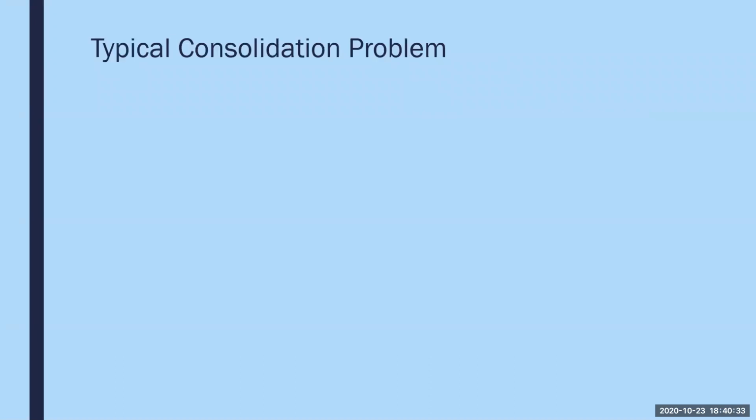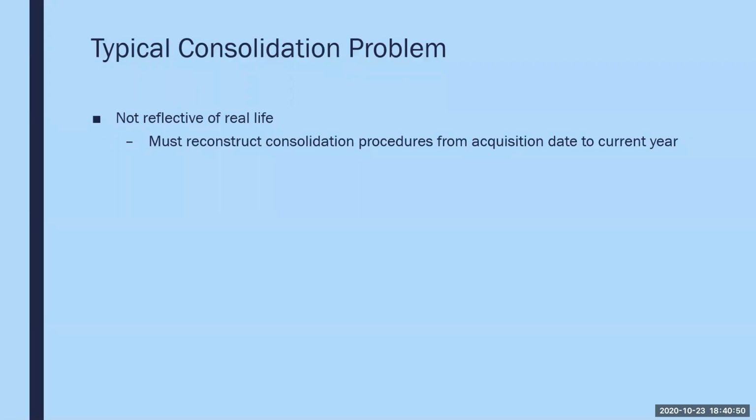For purposes of this course, a typical consolidation problem that you will encounter will not be reflective of real life. What ends up happening in a typical consolidation problem is that you're required to reconstruct the consolidation procedures from the acquisition date to the current, i.e. the reporting year.